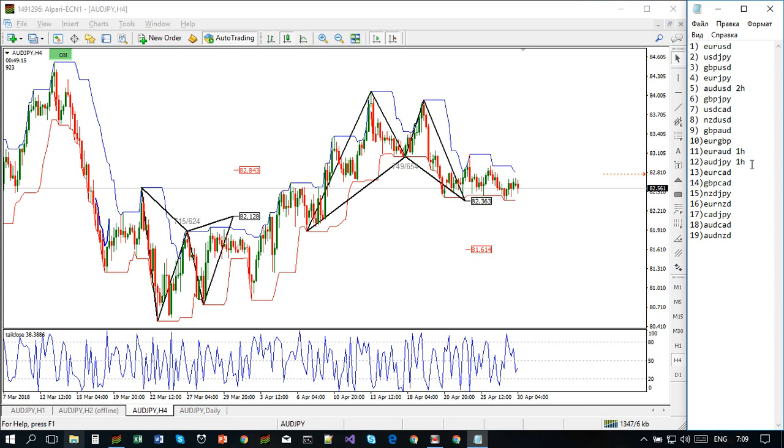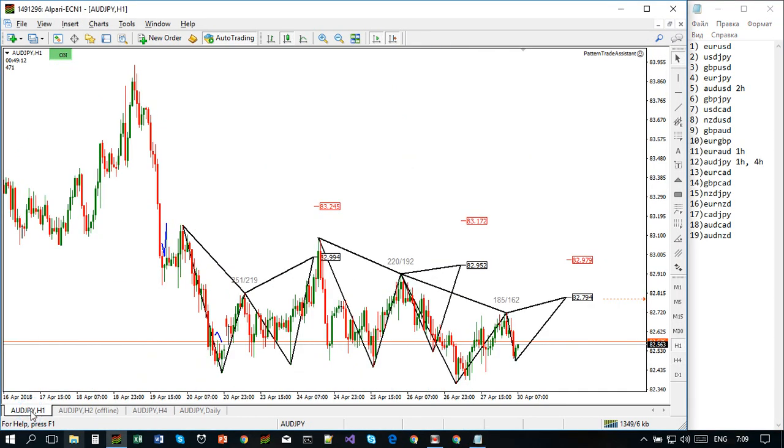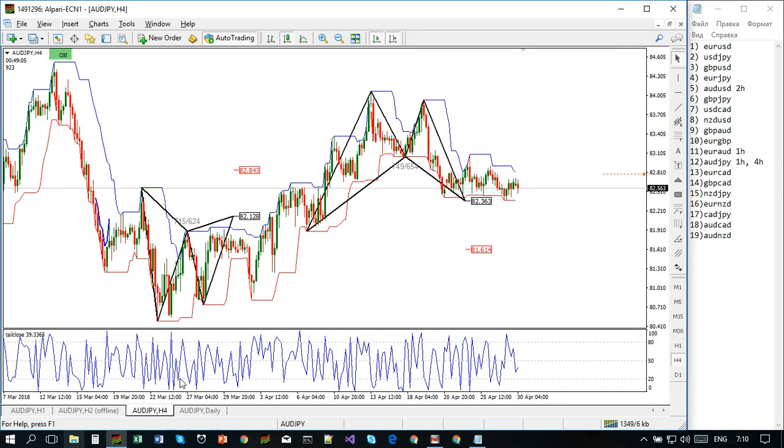Basically, I suppose the 1 hour will complete a bit faster, because the 1 hour moves faster than the 4 hour. Okay, we have both of them, so keep an eye on both of them.